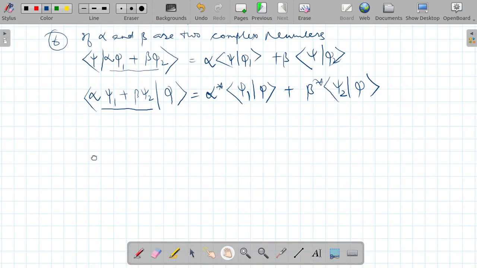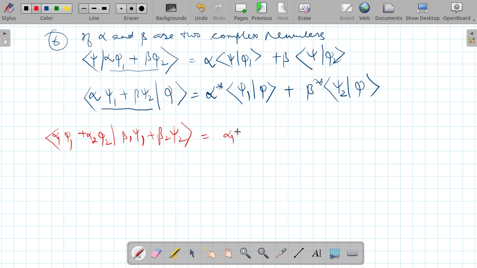If alpha 1 phi 1 plus alpha 2 phi 2 bra vector into beta 1 psi 1 plus beta 2 psi 2, then it is modified as follows.